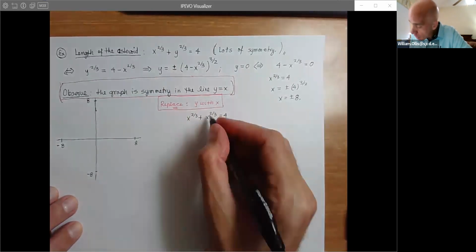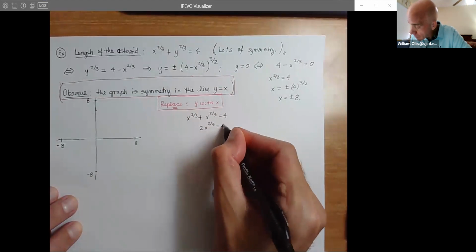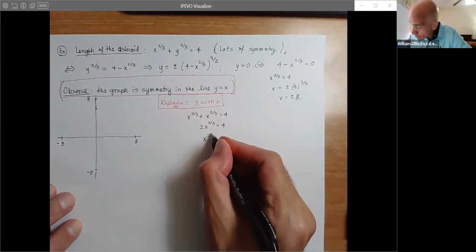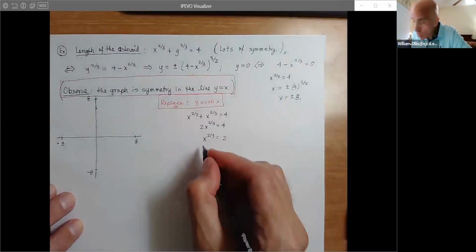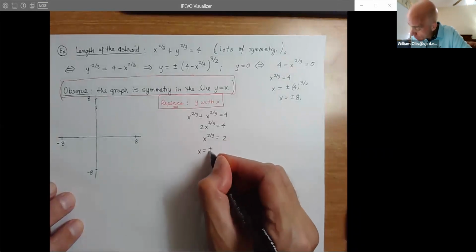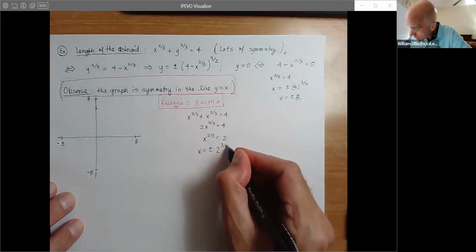So 2x to the 2/3 equals 4. Divide by 2, x to the 2/3 equals 2. Now square root property, x equals plus or minus 2 to the 3/2.